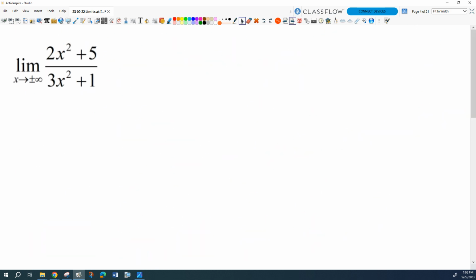So how about this one then? Let's use our new approach. We don't have to be factoring things out and canceling. Let's just use our new approach. Because I'm approaching plus or minus infinity, as we approach plus or minus infinity, the black function is the same as the limit of what function? 2x squared over 3x squared, which is equal to, look at this, I can cancel the x squareds.